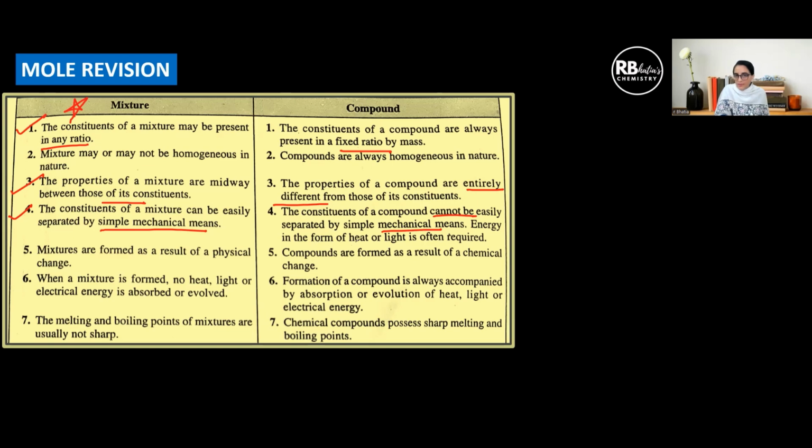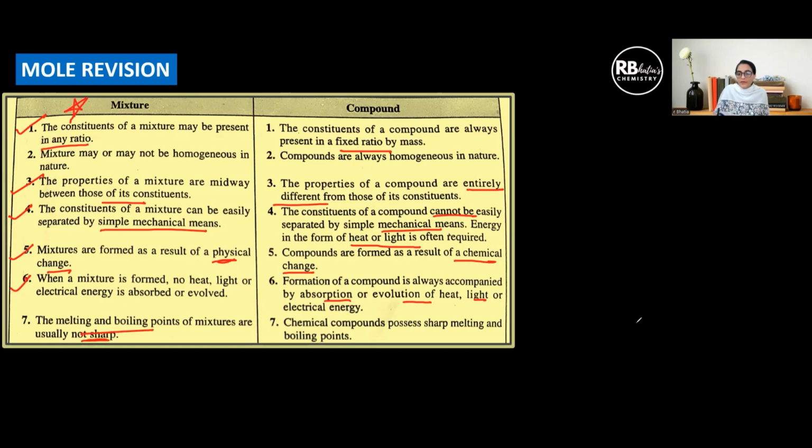We need to use some chemical methods, or energy in the form of heat or light is often required. Okay, mixtures formed due to a physical change, whereas compounds are formed as a result of a chemical change. This does not require any energy, but this requires energy in the form of absorption or evolution of light, heat, etc. Melting and boiling points are usually not sharp.